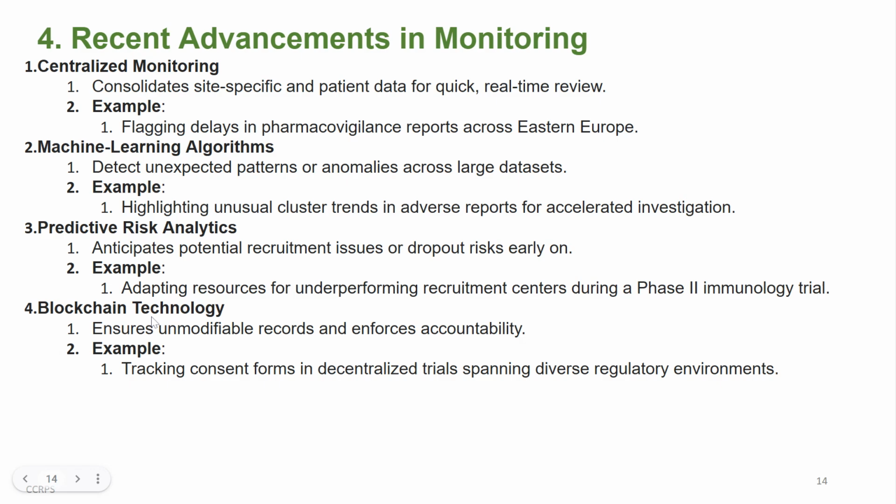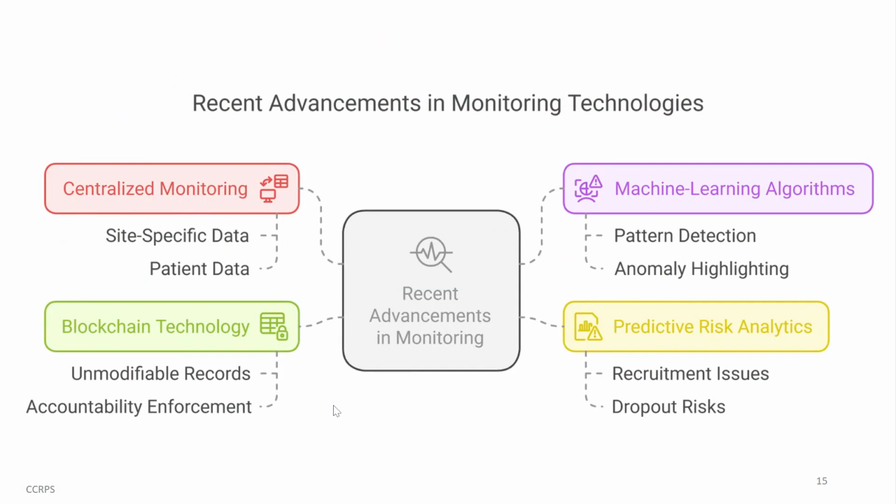Blockchain technology, the audit trail system, ensures unmodifiable records and enforces accountability. Example, tracking consent forms in decentralized trials spanning diverse regulatory environments. So, tracking of data.